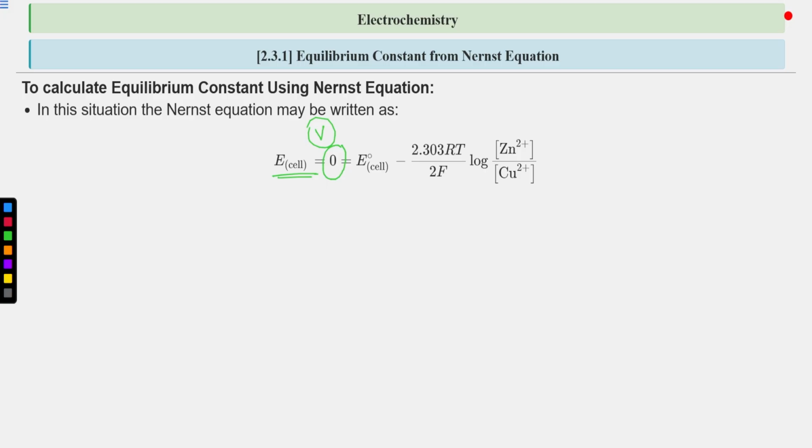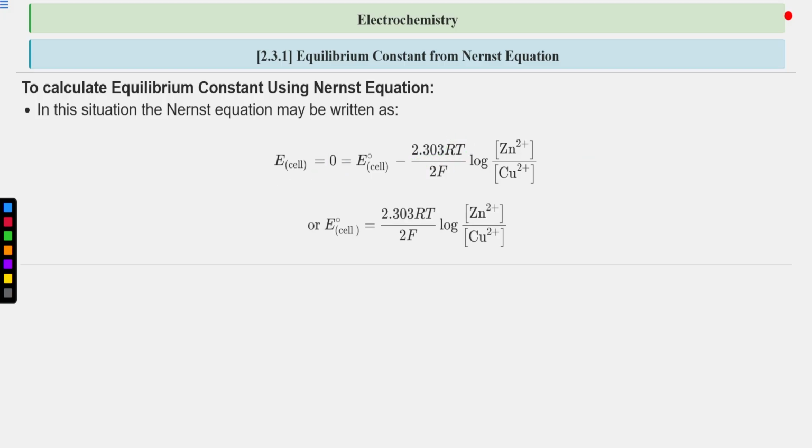We convert the ln to log by multiplying by 2.303, and the rest remains the same. Here n is 2 because 2 electrons are gained or lost by our species. This is the Nernst equation in the case of equilibrium.